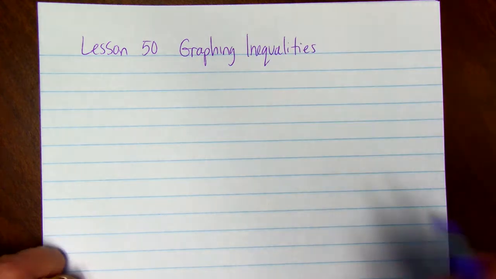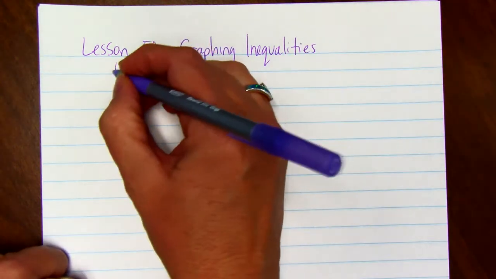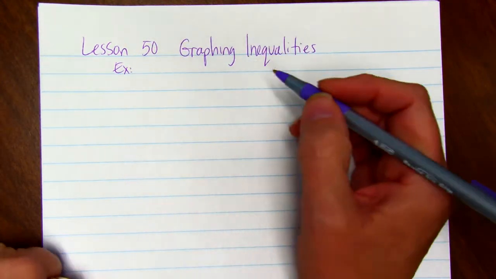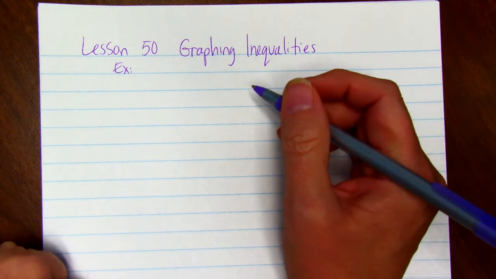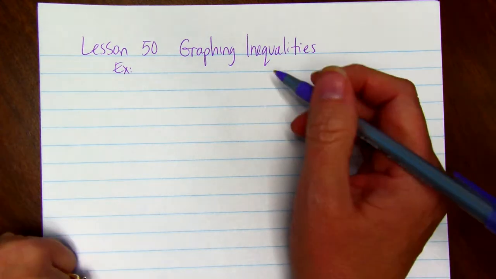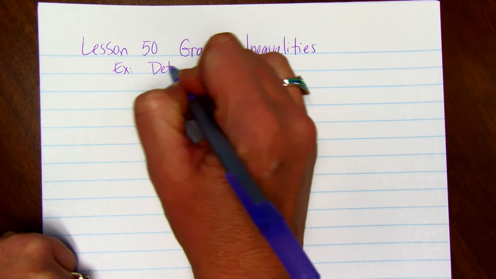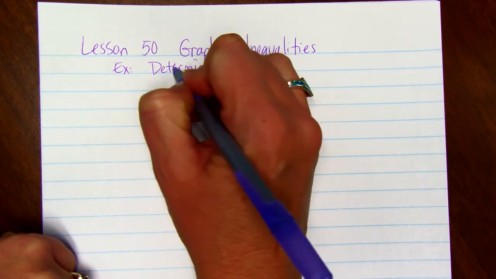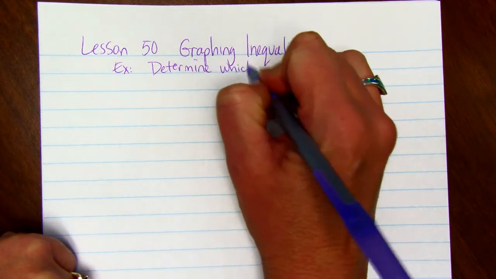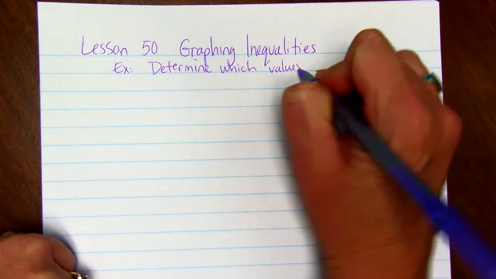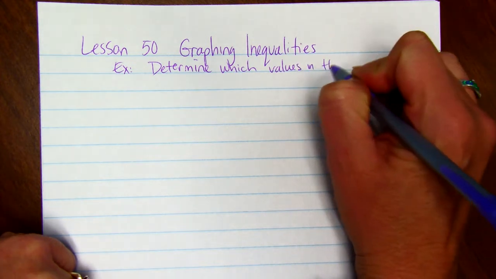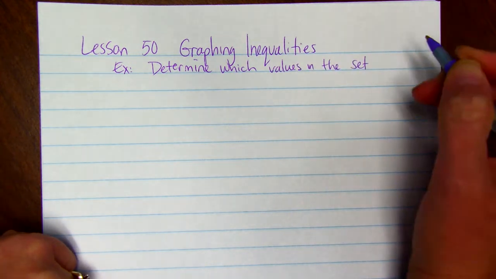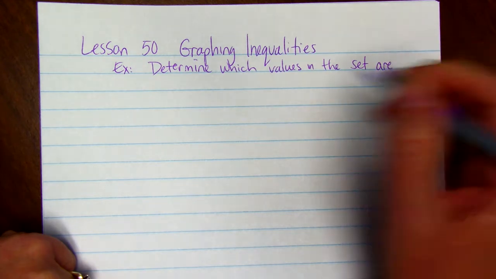So we're just going to start right with an example of testing numbers to see if they're part of an inequality solution. Determine which values in the set are part of the solution.